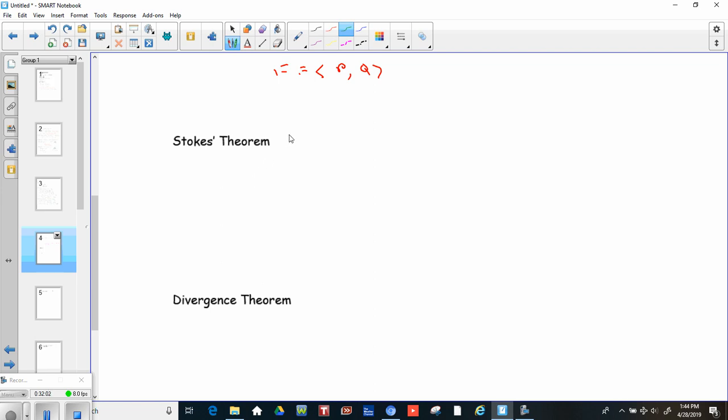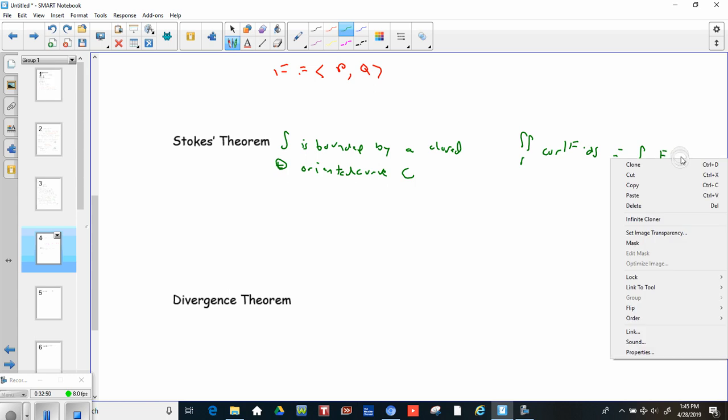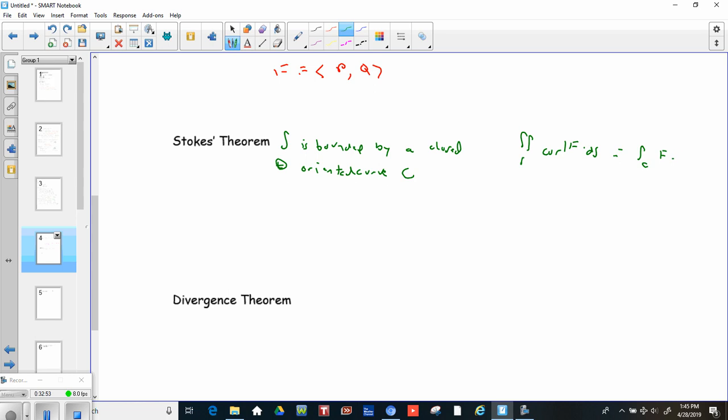So S is bounded by a closed positively oriented curve C. Double integral over S of the curl of F dot dS equals the single integral over C of F dot dr. I'm not sure how I'm hitting this button all the time.